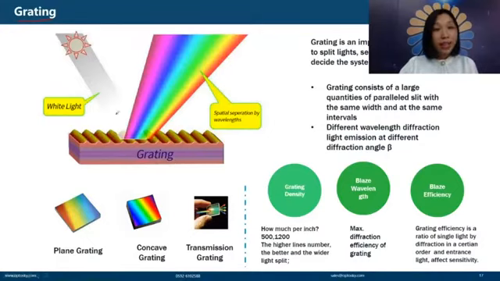When white light shines on the grating, it can disperse into different wavelengths. The grating is an important component used to split light. So selecting a good grating can decide the system's performance.